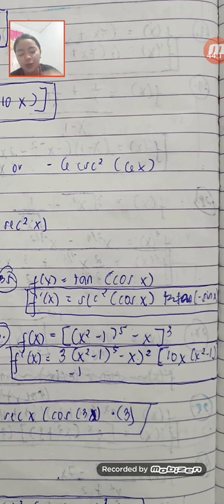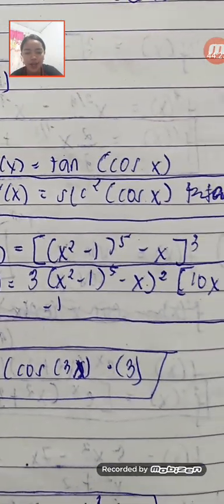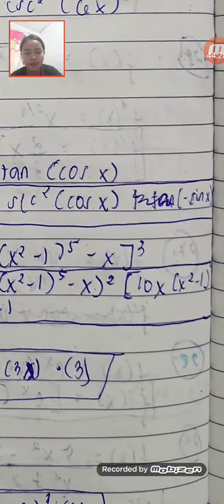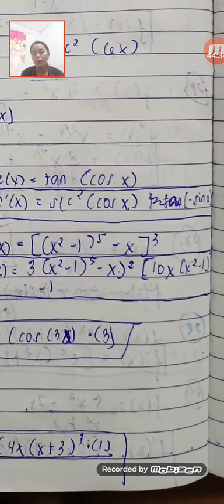We just need to bring down the 3 and copy the inside function, and 3 minus 1 is 2. And the derivative of our inside function is 2x. That's why we come up with 10x.